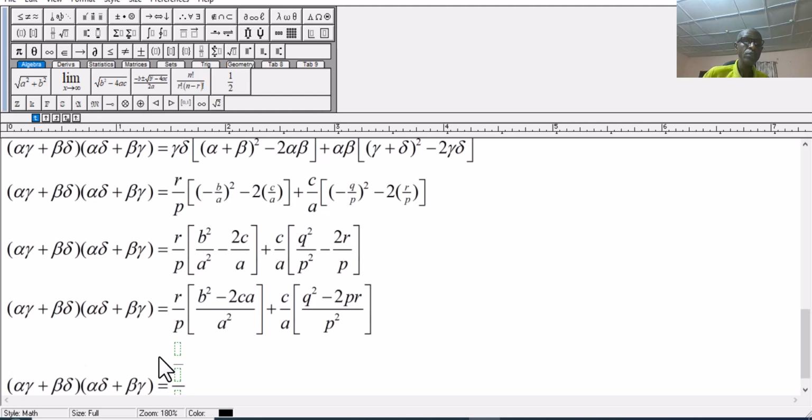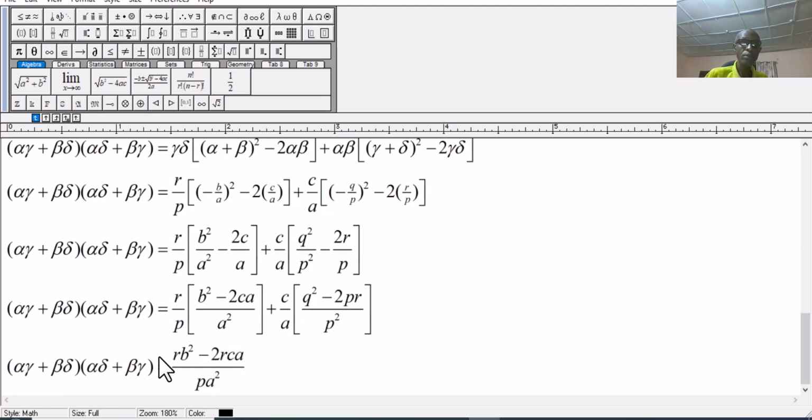We can just say, so this is rb squared minus 2rca over pa squared plus cq squared minus 2cpr over pa squared. So we are merging it together now.